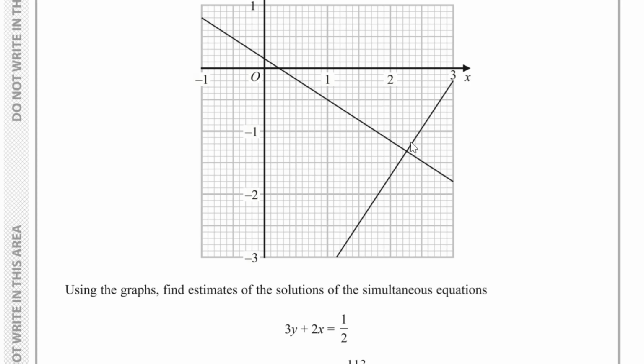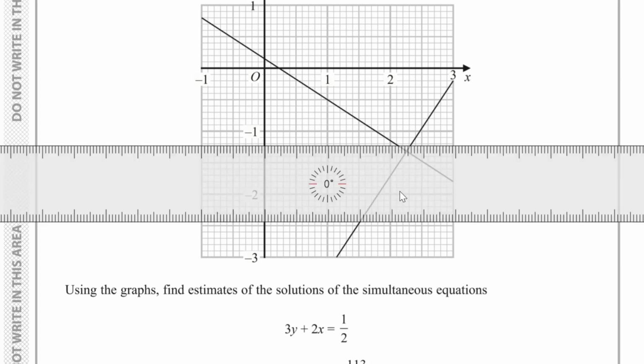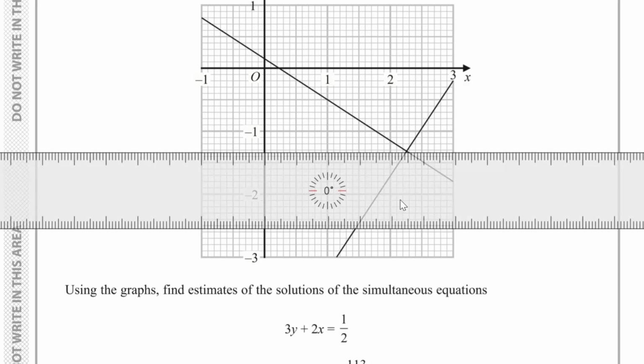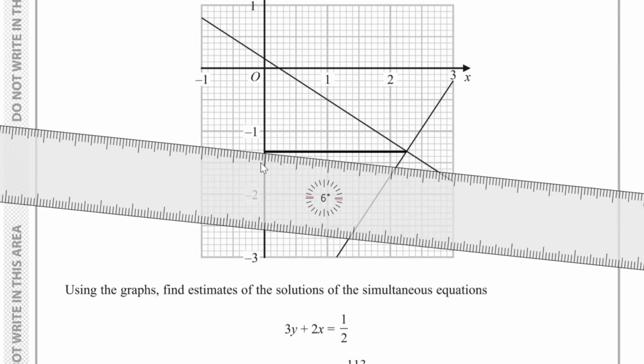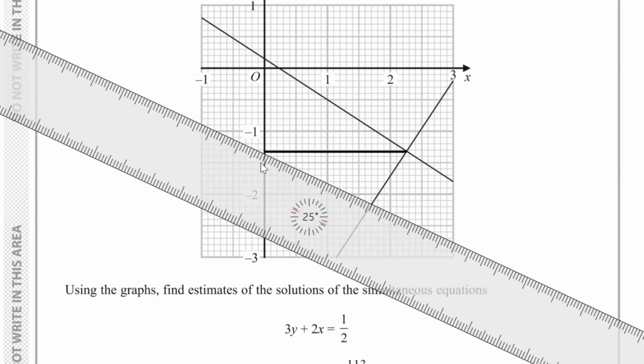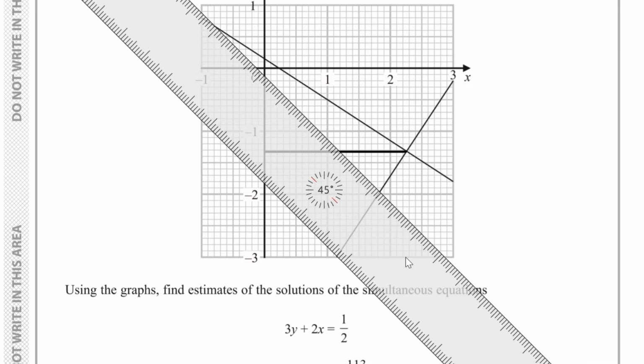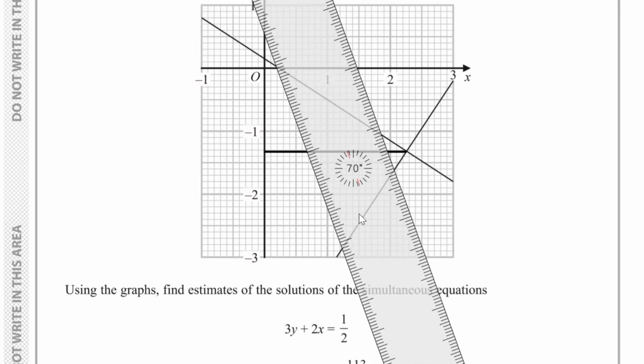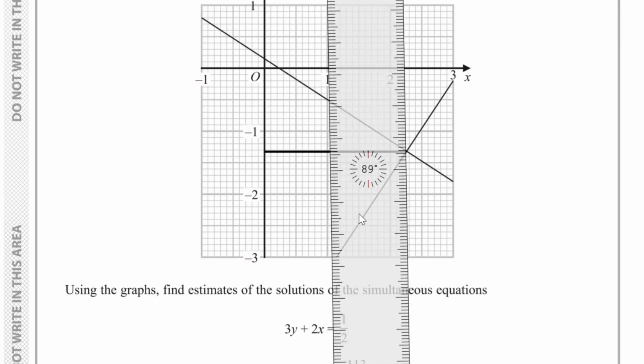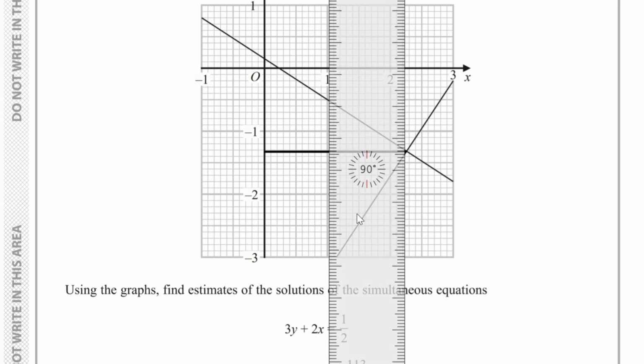So over here we have to look for the intersection point, and if we grab a ruler, in terms of the y coordinate we've got something around here, and in terms of the x coordinate we have something around here. So let's just draw this line on.